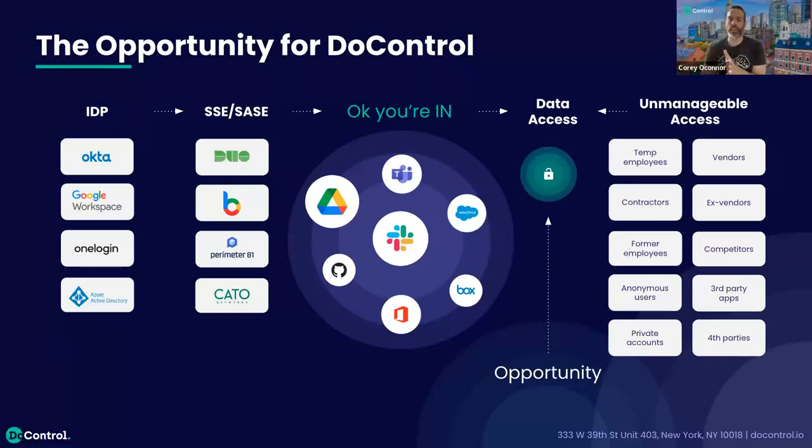And the connection component is SASE, SSE, Zero Trust Network Access. You've got a bunch of providers that are brokering that secure connection for the user. However, once they get into this environment, they can essentially do whatever they want, right? And if those endpoints and those identities become compromised, the access remains the same for those users.